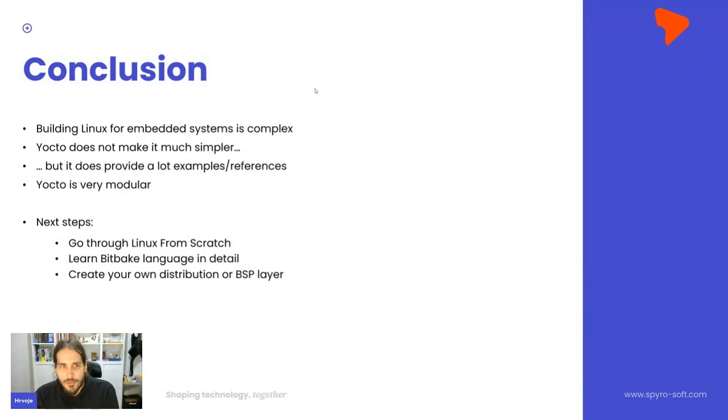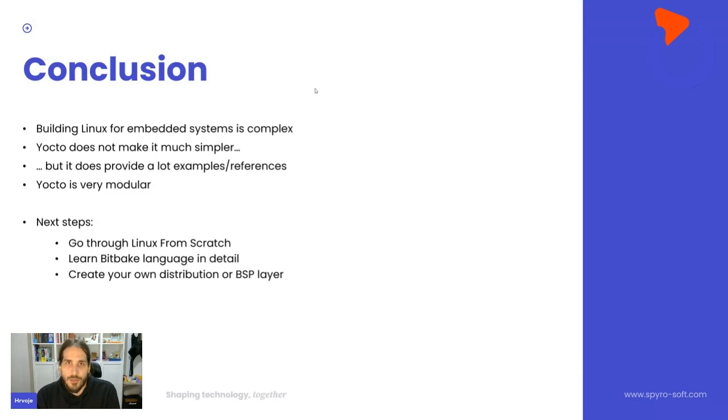Basically, the conclusion is that building Linux is a very complex thing, and Yocto will not make it that much simpler, but it will provide you a lot of examples and references and already written recipes that you can reuse and simply include in your image. And it's very modular, so you can easily extend those images with your own recipes, your own applications.